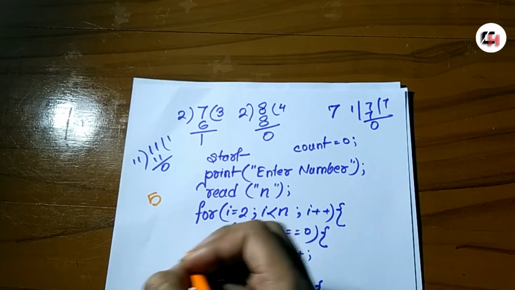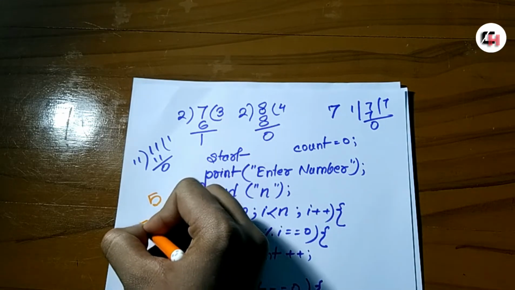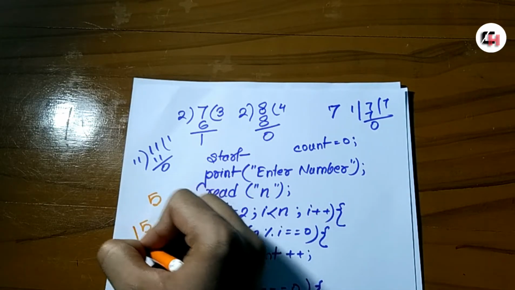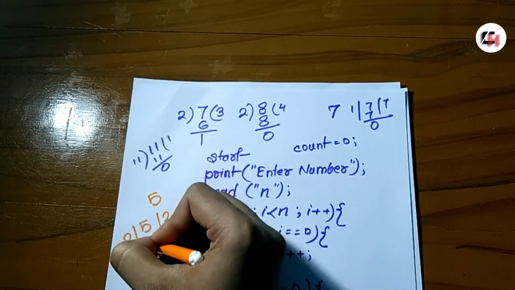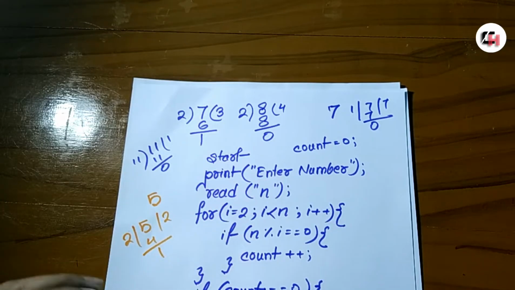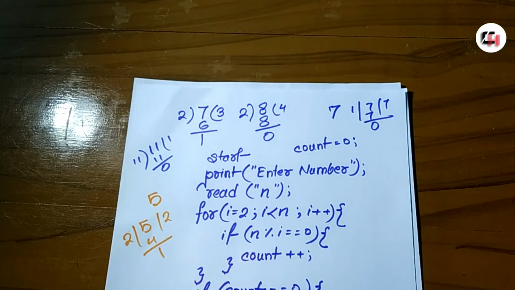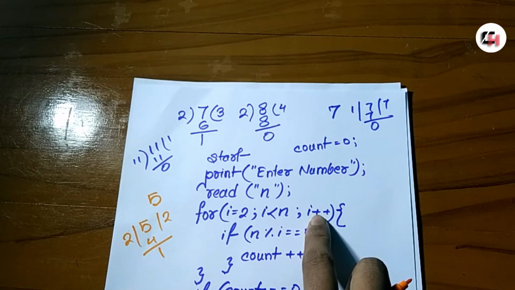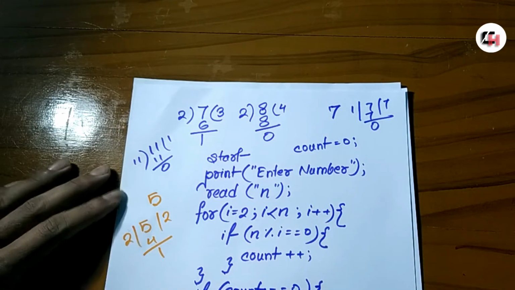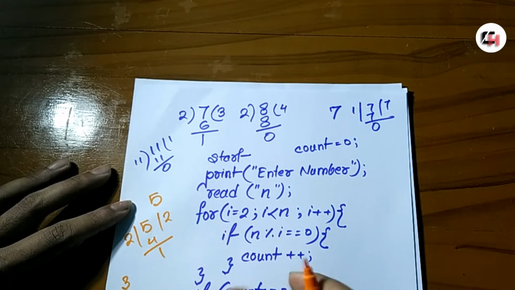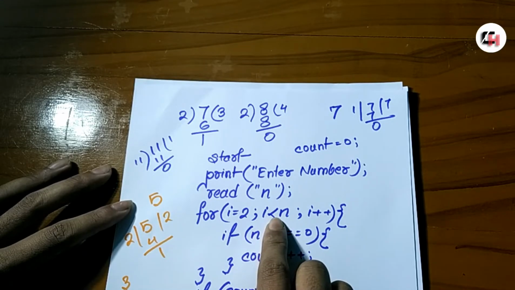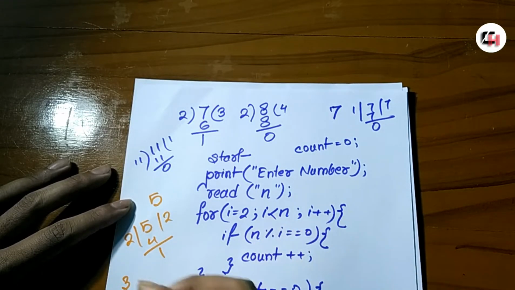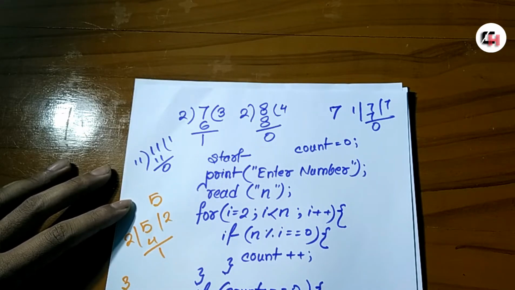So first we check 5 modulo i, here i equal to 2, and the remainder is 1, so that condition is not true, so the count increment will not happen. And the value of i will increment. Now the value of i equal to 3, and again it will check the condition i less than n, 3 less than 5, it is true, so it will go into the loop.